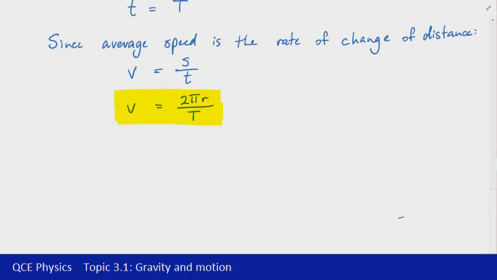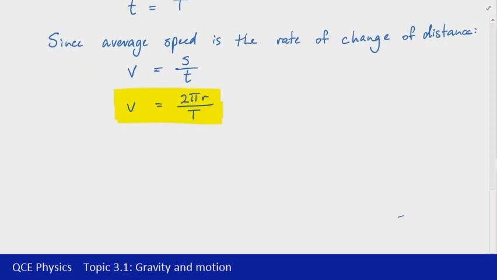So v equals 2 pi r over T tells us the speed of the object as it moves around a circular path.